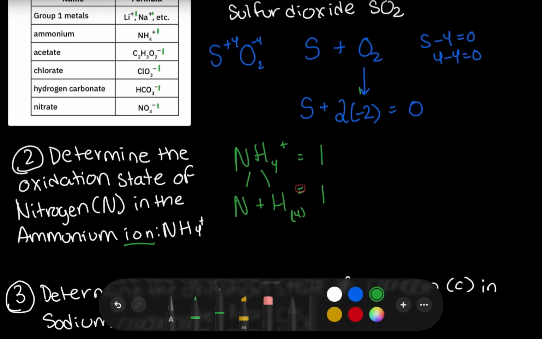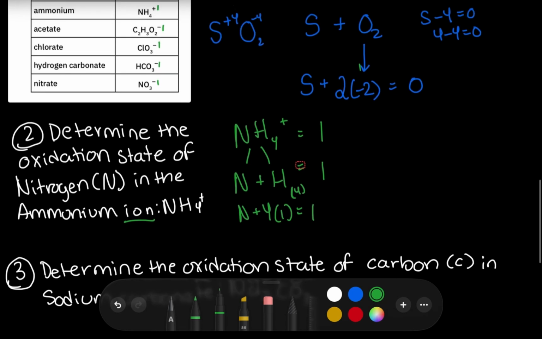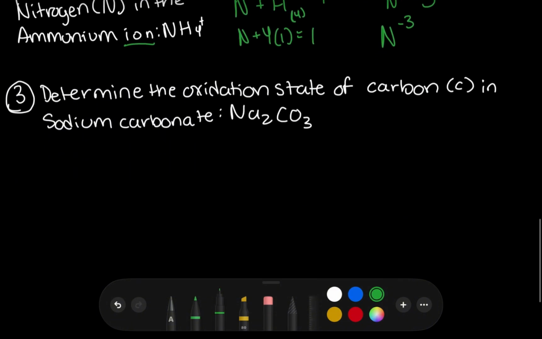So it's going to be rewritten as 1, and our coefficient will be 4, plus whatever N is, will be equal to 1. So we're going to have N plus 4 equals 1. We can subtract 4 on both sides to isolate the N, and we're going to be left with N is equal to 1 minus 4, which is -3. So the oxidation state of nitrogen in the ammonium ion is going to be -3. So N is -3.